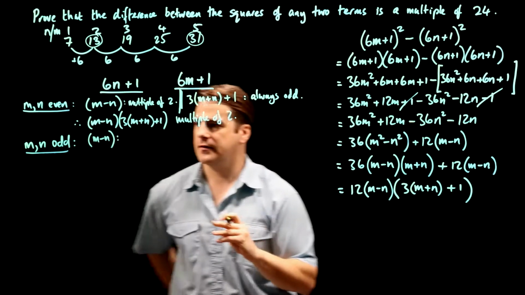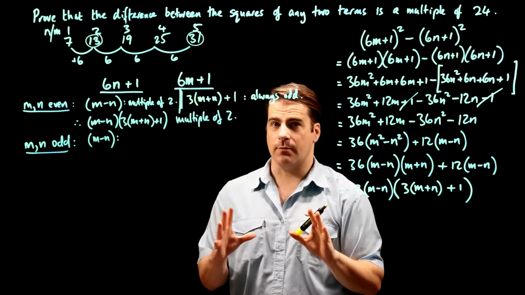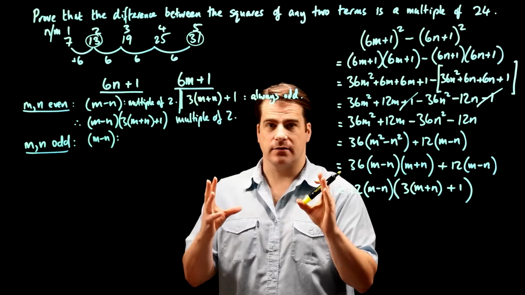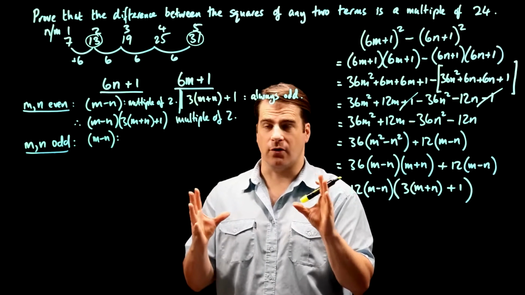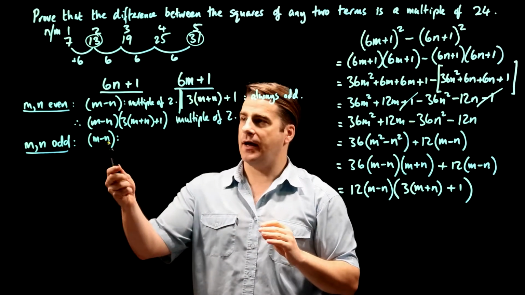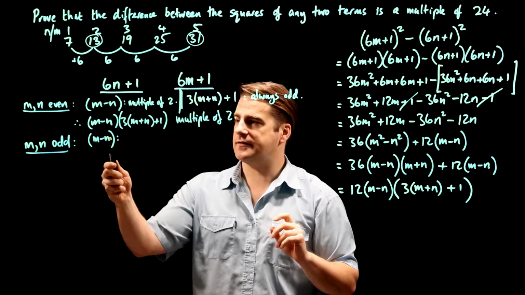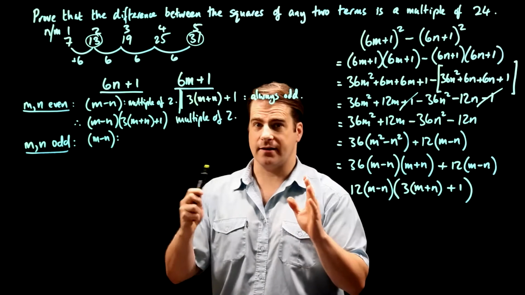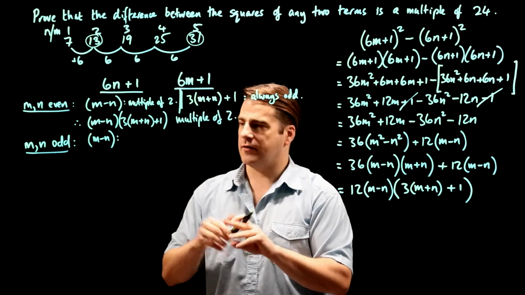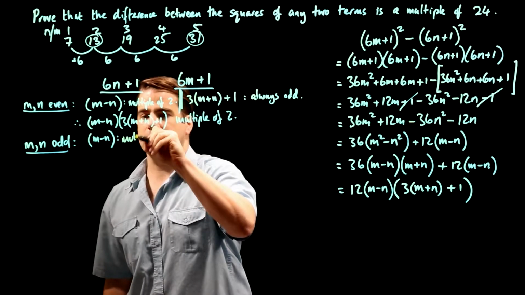If you subtract an odd number from an odd number, let's say 9 minus 5 is 4, you always get an even number. And not only that, it would be a multiple of 2, because n is always at least 1 bigger than m, but because they're both odd, the difference must be at least 2. So that's going to be a multiple of 2.